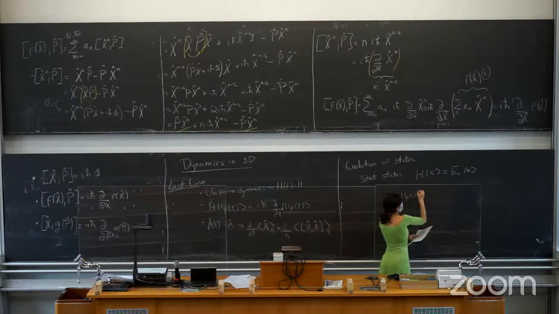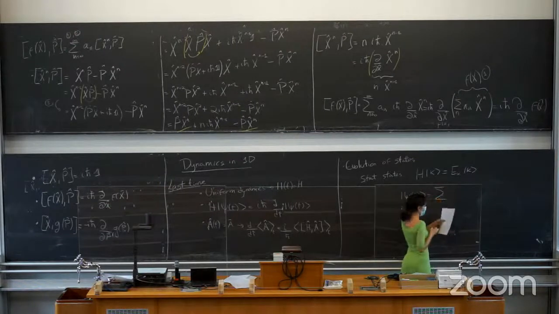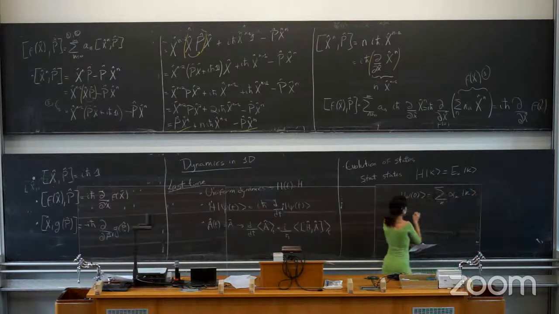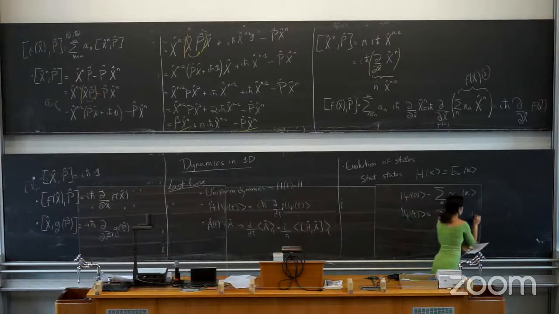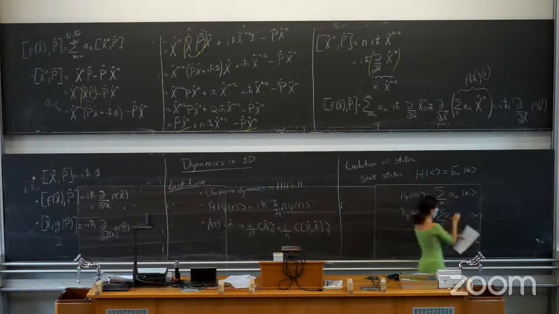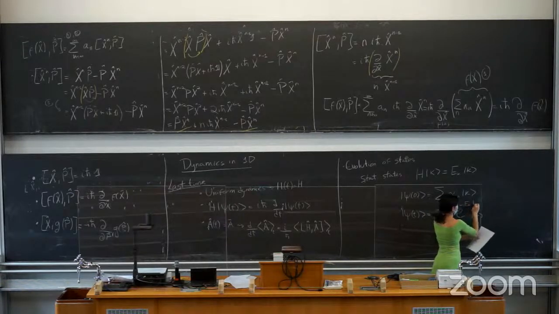And if you have some initial state, you can always expand it in this basis. So we say it's some sum in the discrete case. And if we want to evolve it, we just need to evolve each of these terms individually, and for stationary states, this just gave it a phase, e to the minus i, energy, time over h bar, right?